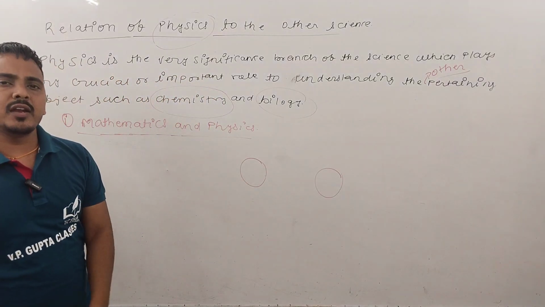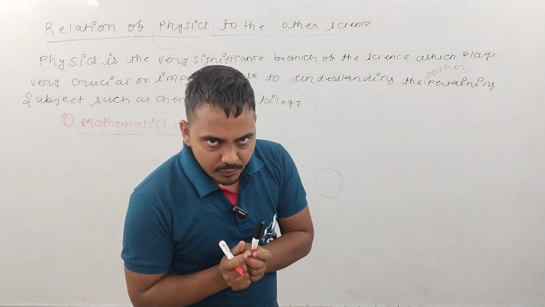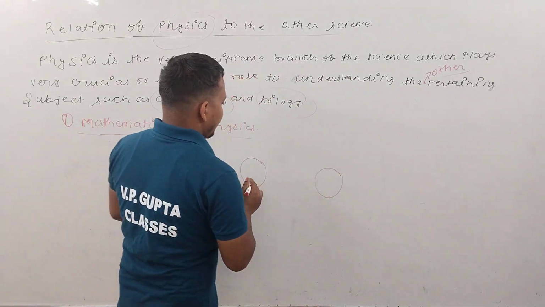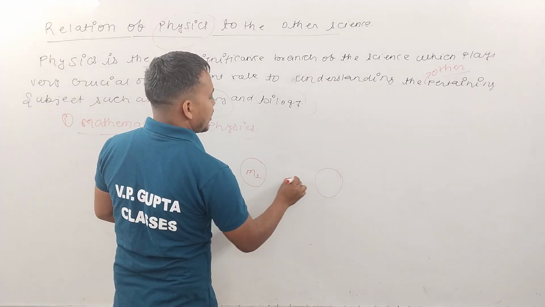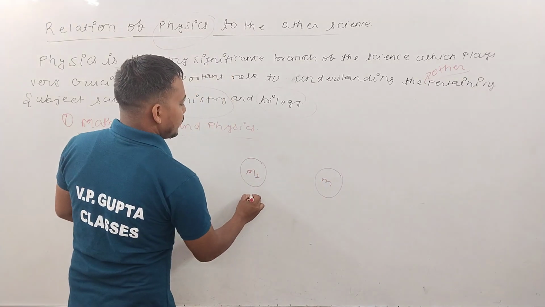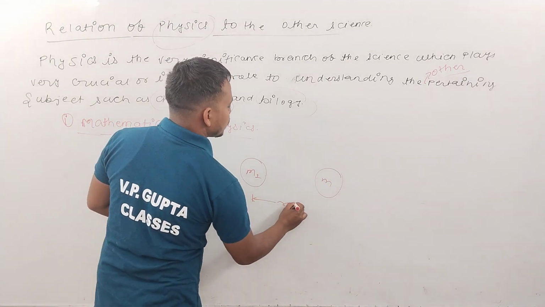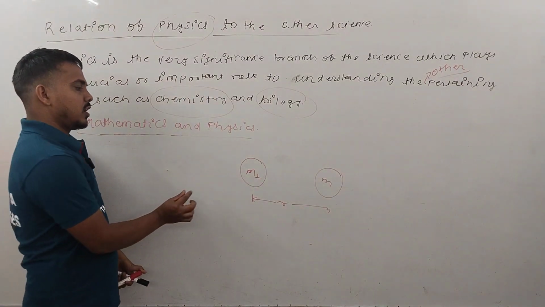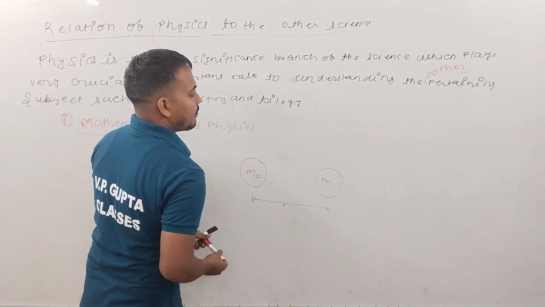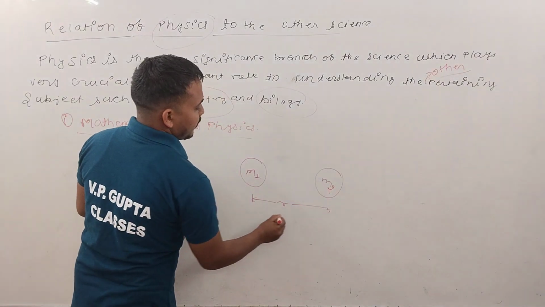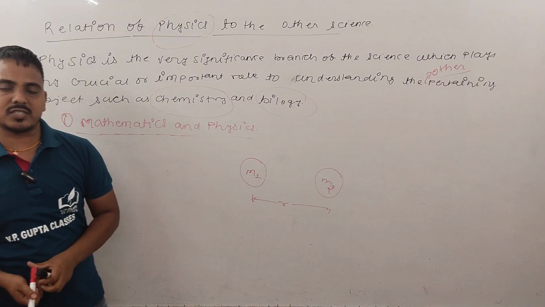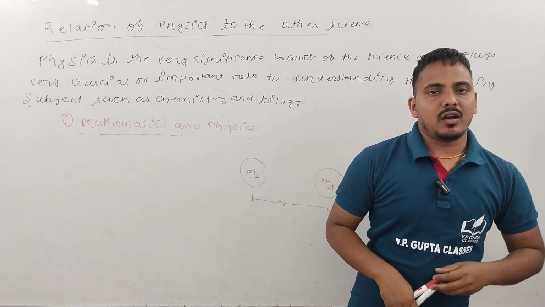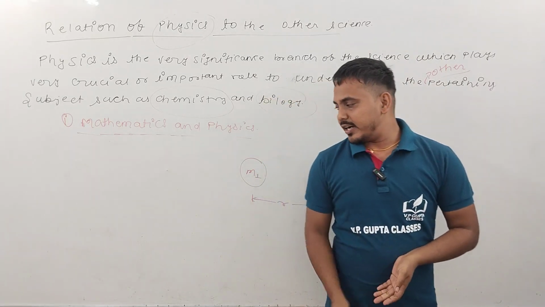The attractive force between two masses m1 and m2, kept at a distance of r, is directly proportional to the product of their masses and inversely proportional to the square of the distance between them. Okay, you had already studied this in class 9.